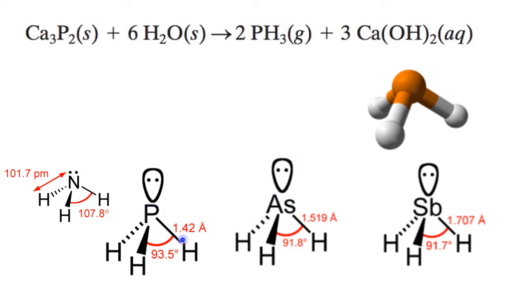The distances between hydrogen and element are larger in case of phosphorus, so the angle is smaller here. The same trend continues with arsenic and antimony. You have larger and larger element-hydrogen distances, so they can come closer.